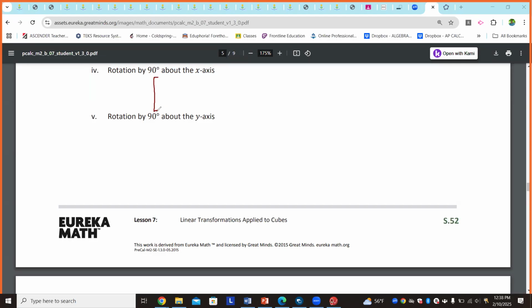If you think you got it, go ahead and you can identify an equation for all rotations around the X, Y, and Z axis. Are we done with 4, I assume? Okay, I'll give you some time.